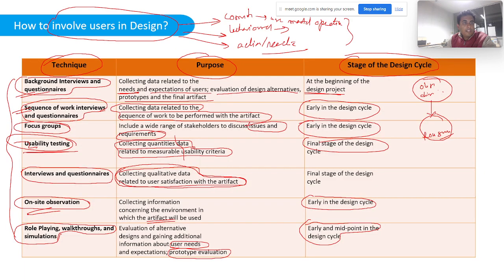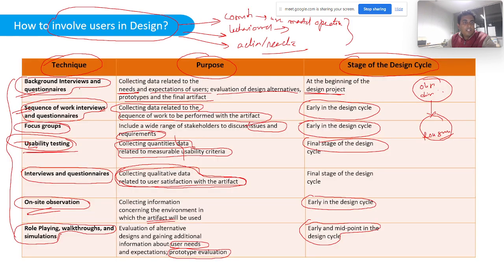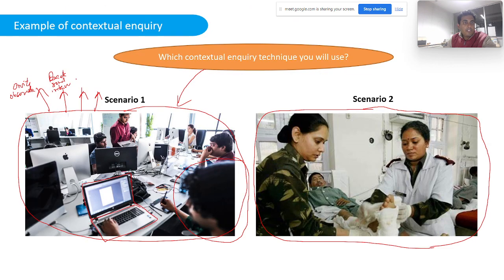Second can be background interviews. The third can be your sequence work interviews. Fourth can be focus group. So you can consider four days of interaction with this particular person or office to get to know about the scenario.